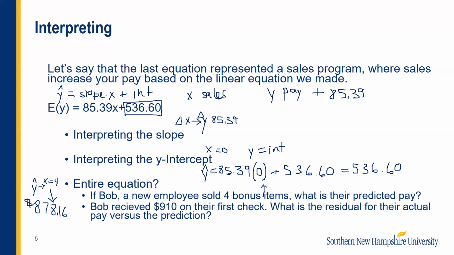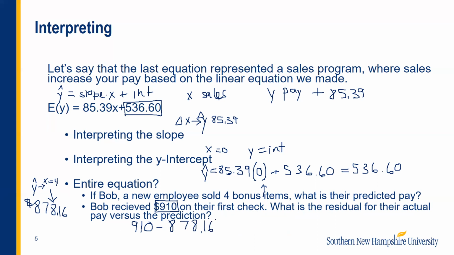So we see that Bob received 910 on his first check. He did not have the average. And that's because he's a real person, and real data is slightly different than the average, but it's close. So to figure out the residual, we would just say, well, is he above or below average? 910 minus 878.16.